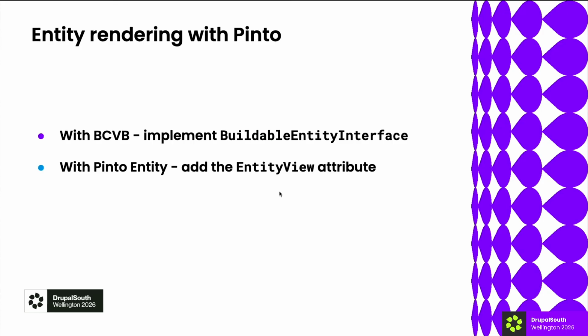And with Pinto entity, it's very similar, but you define the method with an attribute instead. And if either of those don't build the entity, it'll just fall back to normal Drupal rendering. So you can have things like, for media entities, for example, the media library view mode just falls back to normal rendering. You don't really want to bother with that. You just want to be able to render an image in the front end with your specific setup.